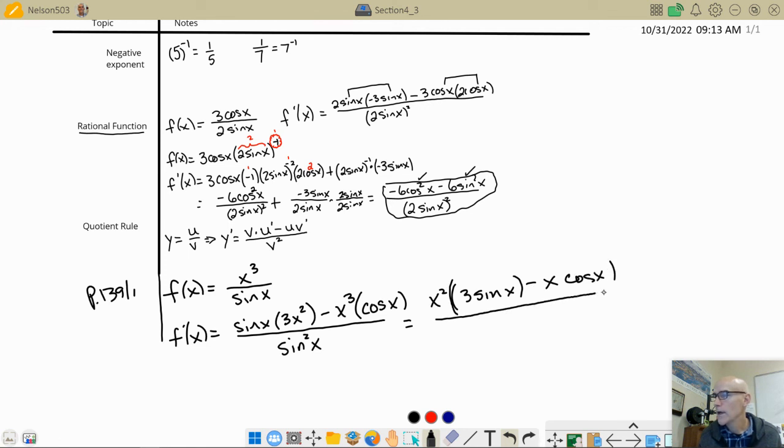And all of that stuff is going to be over sine squared x. Okay? So this parenthesis maybe right here we don't need, and this one over here I could probably get rid of. And I think he's going to have either that answer over there or this answer over here. I'm just factoring out an x squared factor.